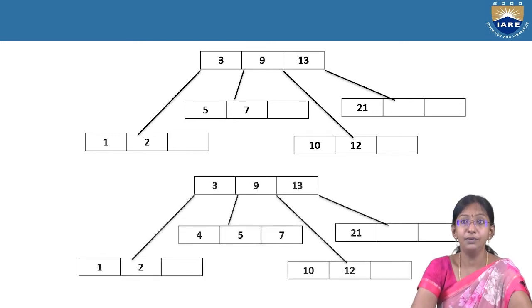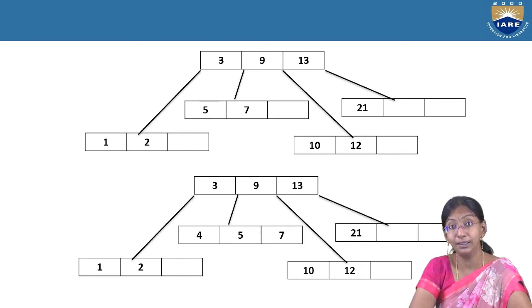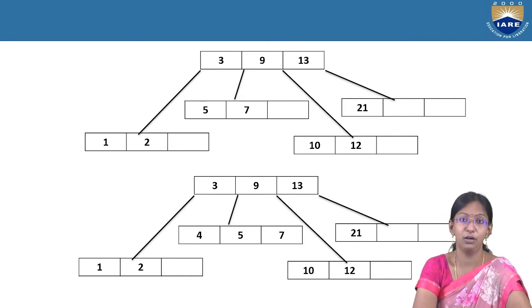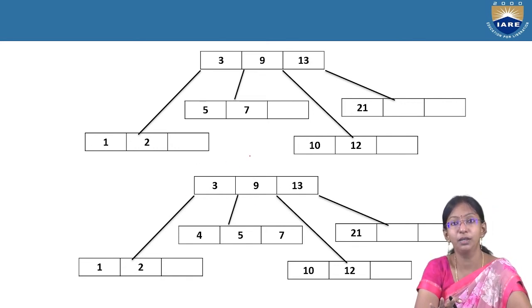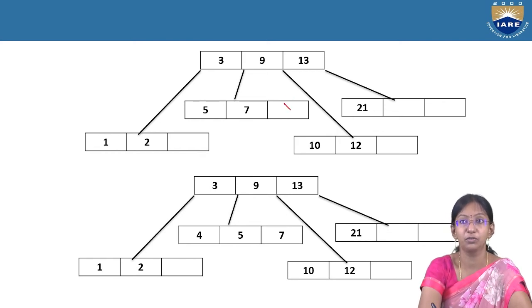So now it is a point of insertion of 4. Where can 4 go? It is a value which is greater than 3 but less than 9. So it is going to become the right child of 3 or the left child of 9. Can a node accommodate it? Yes, it can accommodate. There is a vacant space, right?